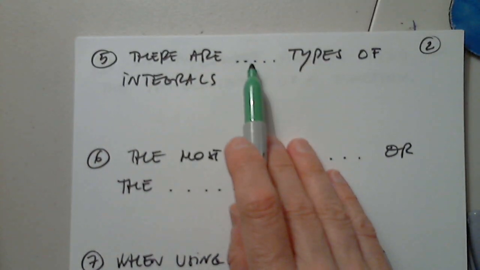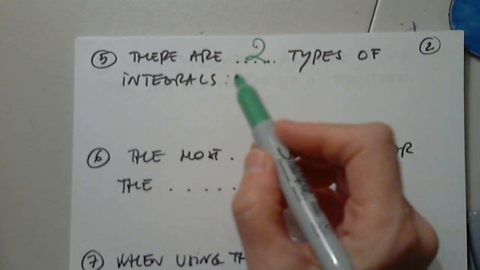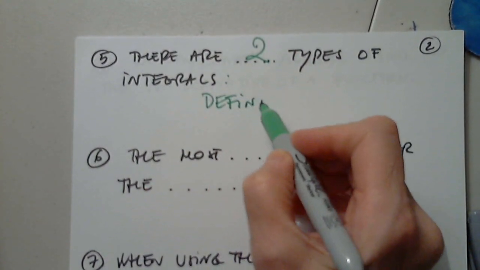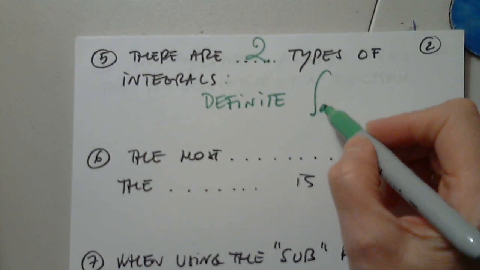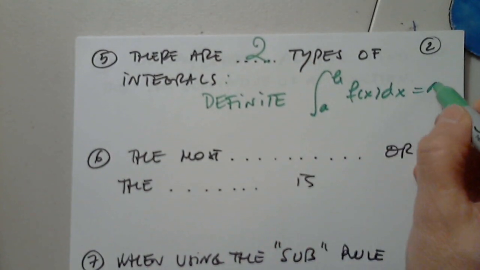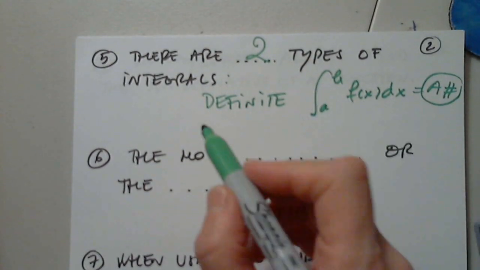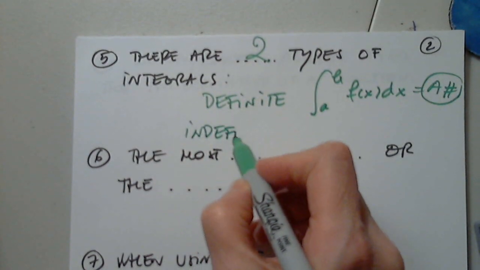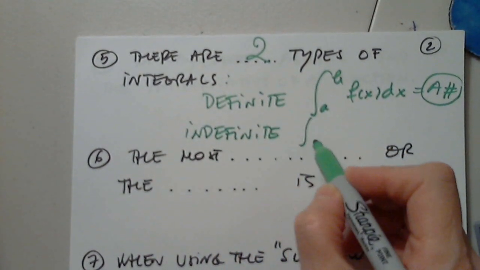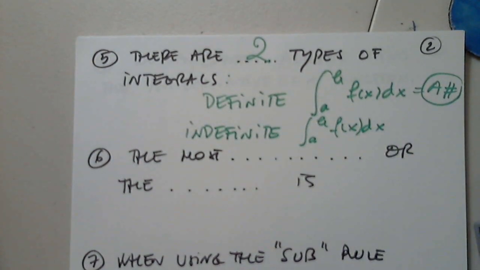There are two types of integrals. Definite, which is the integral from a to b of f of x dx, and the result is a number. And indefinite, which has no limits.